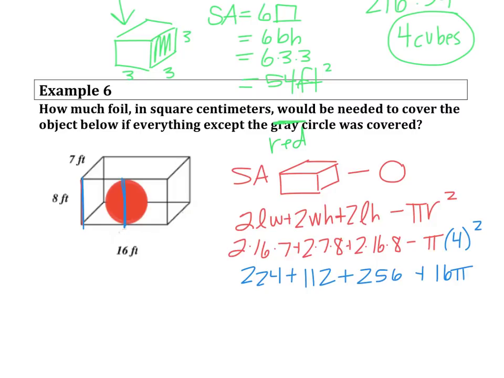Add them together: 224 plus 112 plus 256 is 592, plus, now 16 pi we'll have to do out because the 592 doesn't have a pi with it. 50.24, and together the 592 and the 50.24 is 642.24 feet squared. Remember, it's area because we're covering a 3D object with 2D paper.